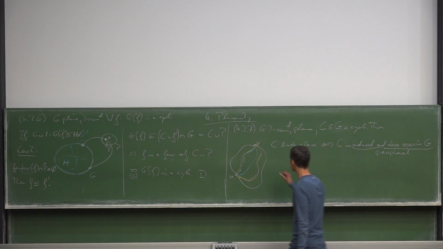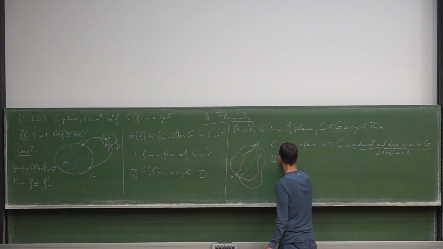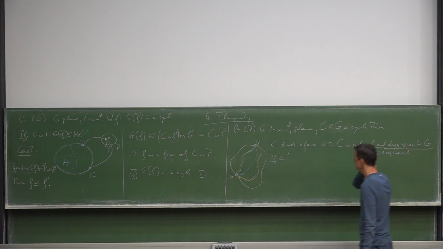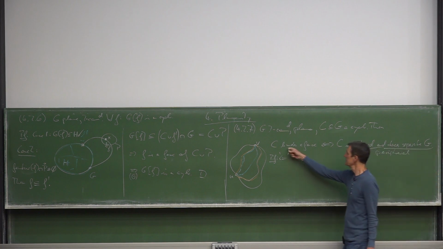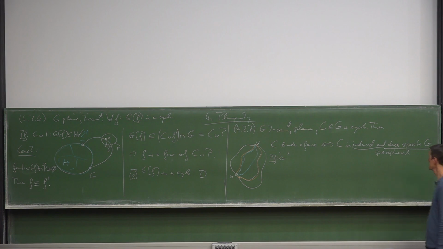Okay, so let me prove that. Let's prove the backwards implication first. So if C does not bound a face, can we show that it's not induced or separates G?